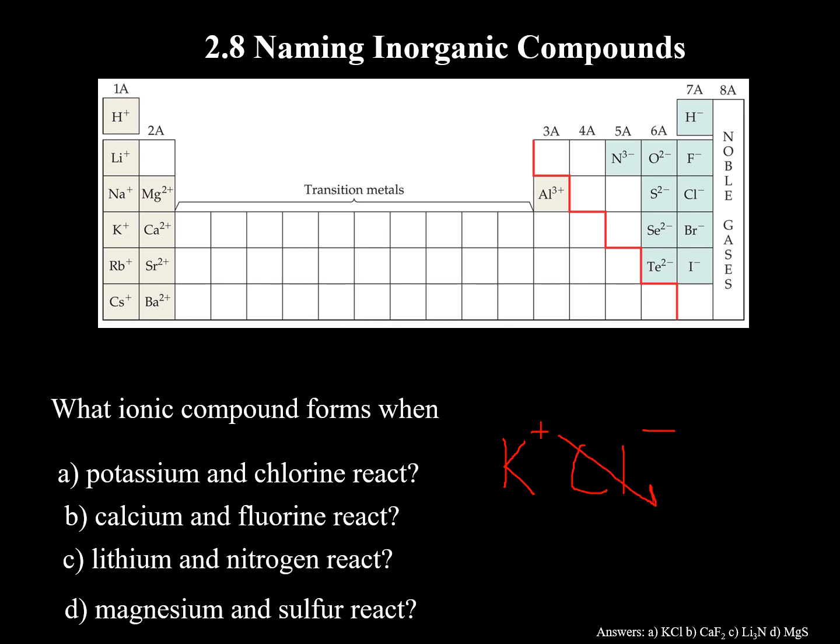You crisscross. Again, I'm getting this information of K being a plus and Cl being a minus from our periodic table above. And this comes out to KCl.